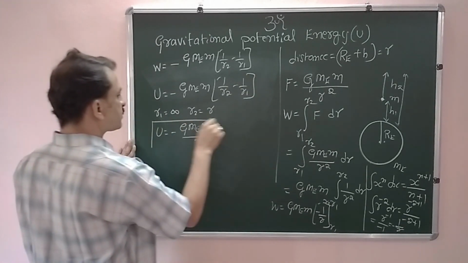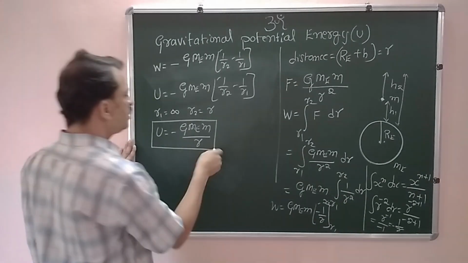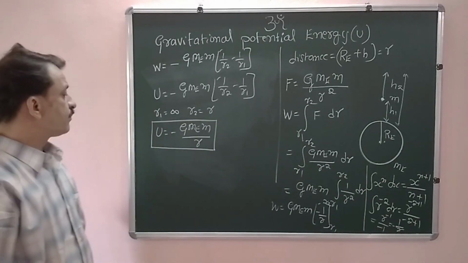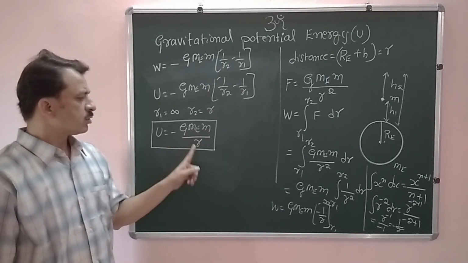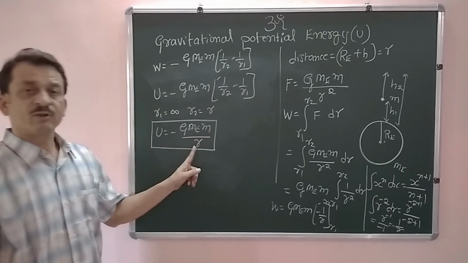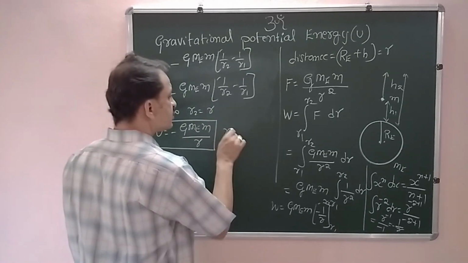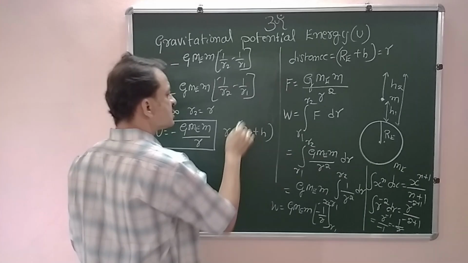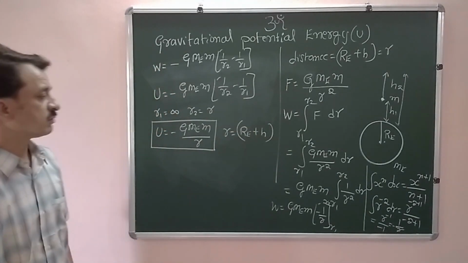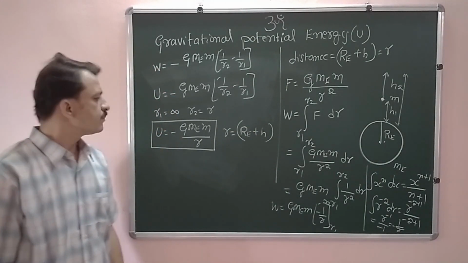Now this is the expression for gravitational potential energy. So minus G Me m divided by R. So remember here what is R? Now R is taken as capital RE plus H. Remember that one, capital RE plus H.